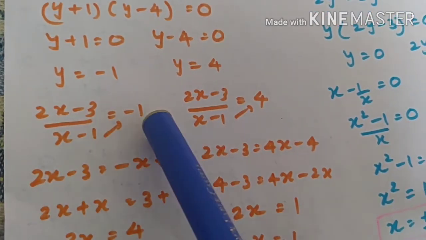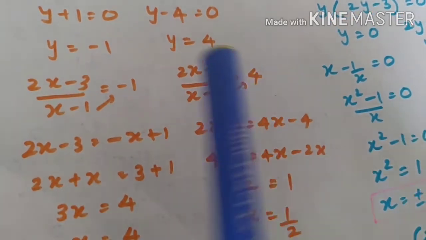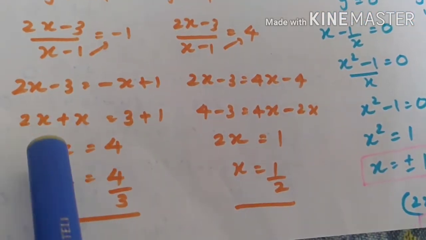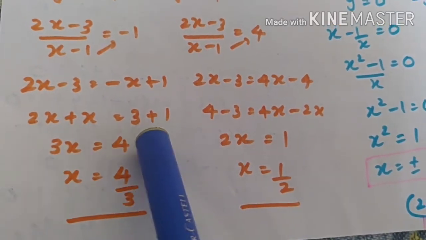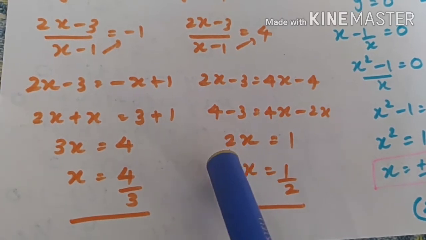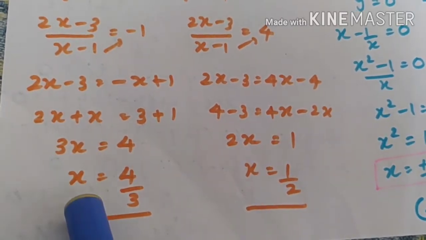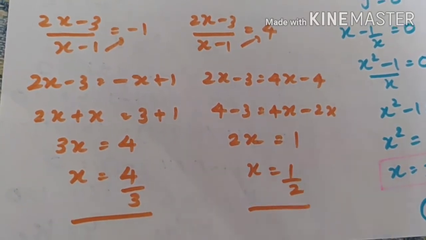Then we just do cross multiplication to get it in a linear form. So by linear simplification, I get 3x is equal to 4 and 2x is equal to 1. So x is equal to 4 by 3, x is equal to 1 by 2.